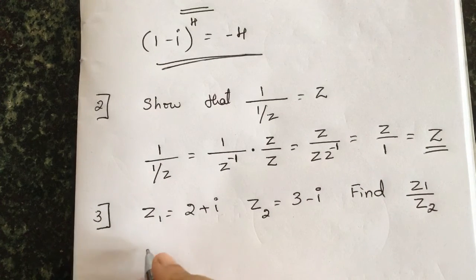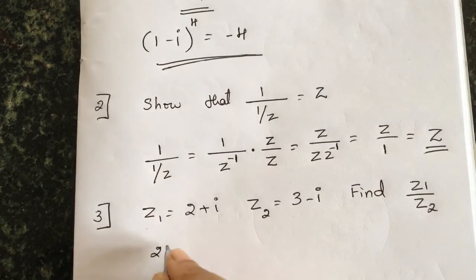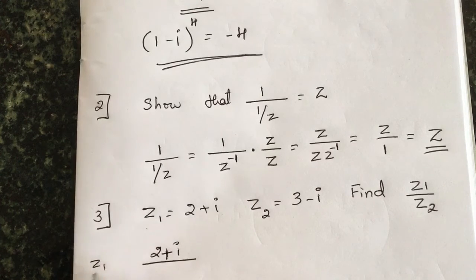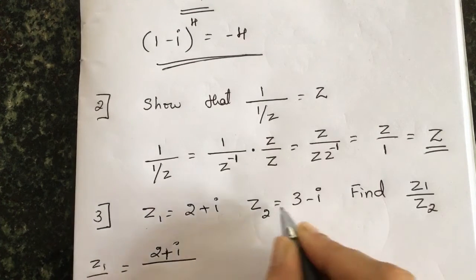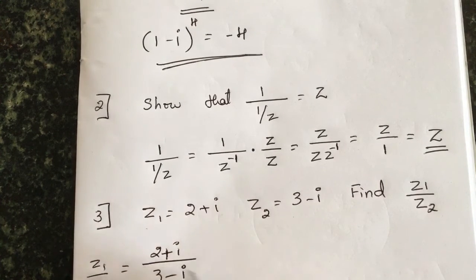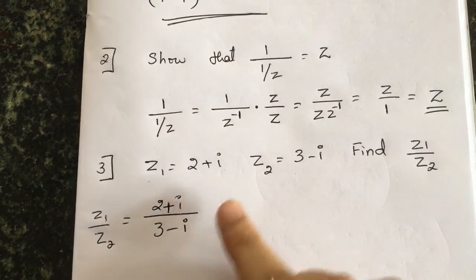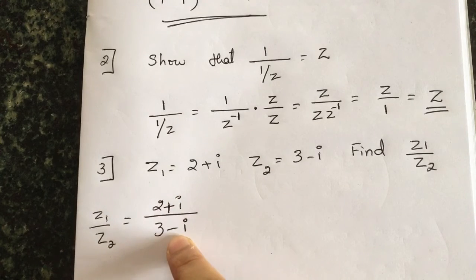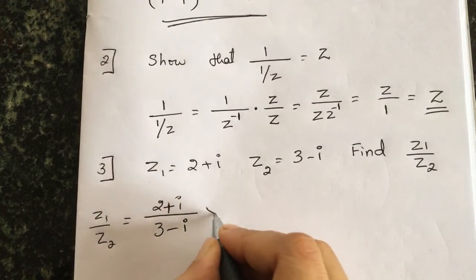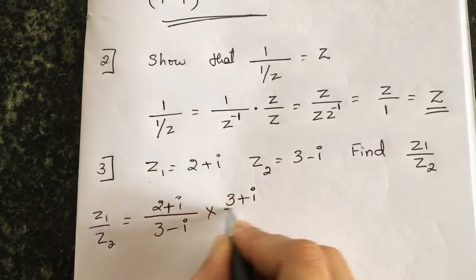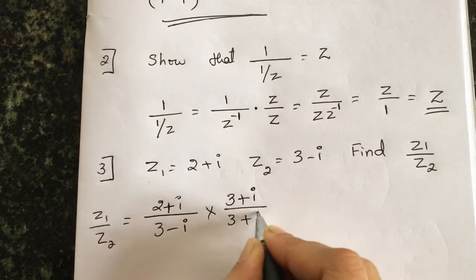Okay, z1 is 2 plus i, so z1 by z2 is 2 plus i divided by 3 minus i. What I have to do is multiply and divide it by the conjugate of z2. That is 3 plus i divided by 3 plus i.